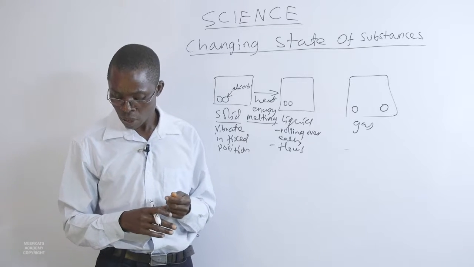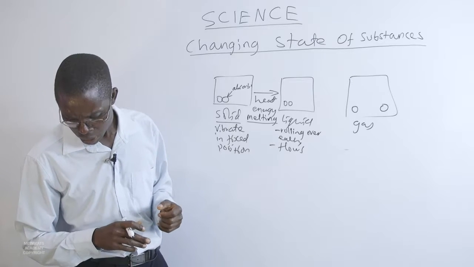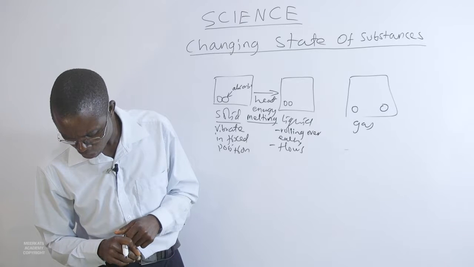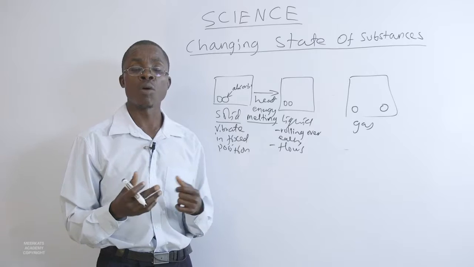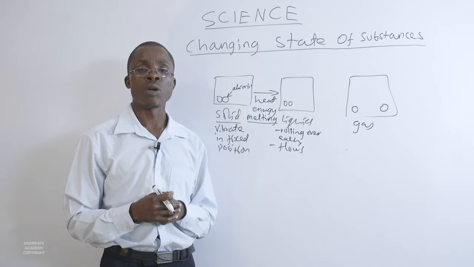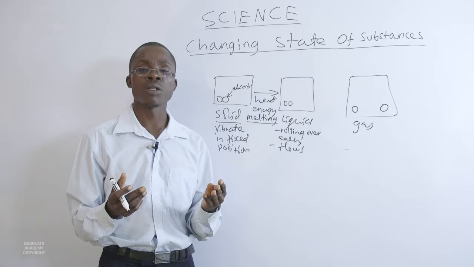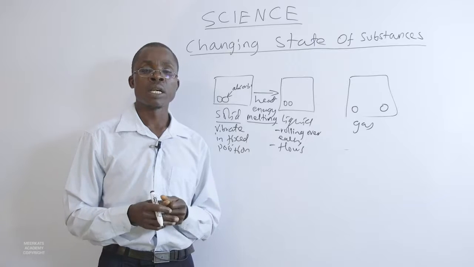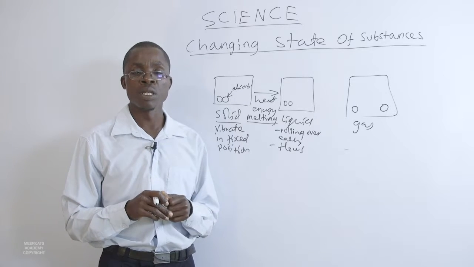To pick out some common substances, let's talk about, for example, water and mercury. These are common liquids that I'm sure you have interacted with. Mercury is a liquid you will interact with when you are talking about a thermometer. And water is just life. You are always with the water.